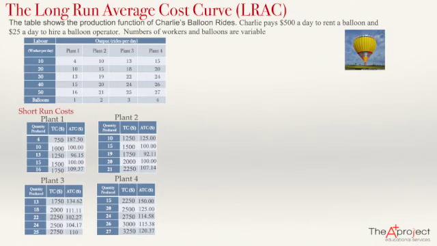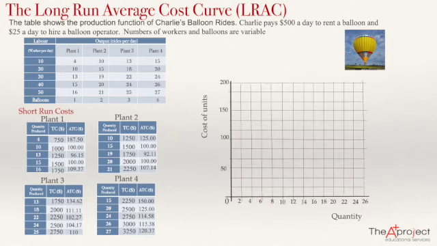So we have 4 short run cost tables, and we of course can make now the graph of each of them. If I make a graph of each of them for plan 1, for example, when the quantity produced is 4, the average total cost is 187.50, and so on.